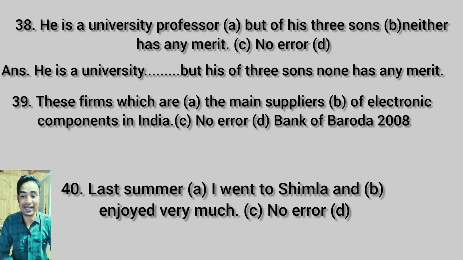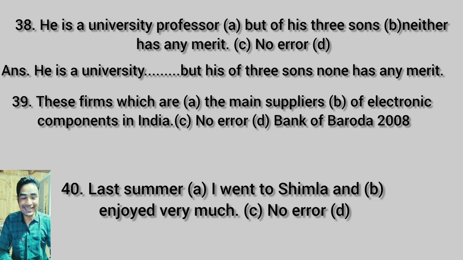The main suppliers is the object of the verb are. Of is a preposition, electronic companies is the object of this preposition, and in is a preposition, India is the object of in.